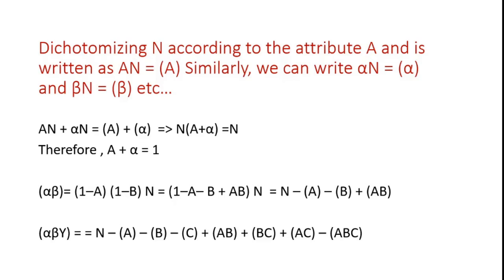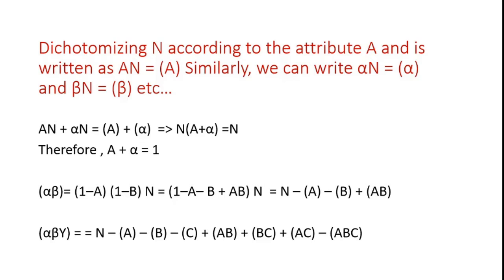N is the population size, the count of all the frequencies for that sample, so the total value is N. So we say (A) is the count of A, and (alpha) is the count of alpha. Alpha is the opposite of A, and beta is the opposite of B. When B represents people who are intelligent, beta represents people who are not intelligent. That's how it is categorized.